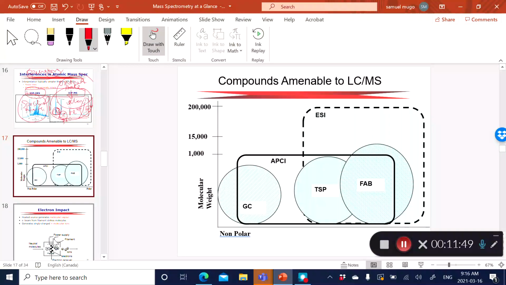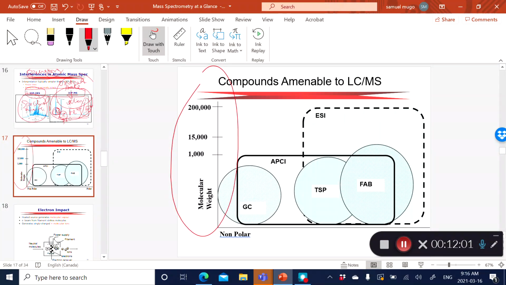So very quickly, if I may classify a few of these ionization methods based on the molecular weight or the nature of the analyte that they are able to ionize, take note of this. Also, the ionization that you use is dependent on the polarity or the volatility of the analyte that you want to ionize.